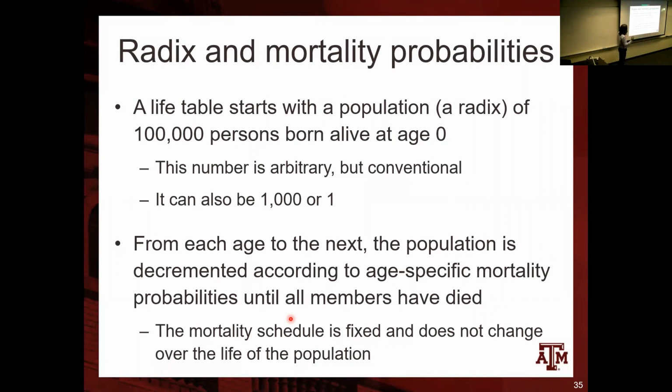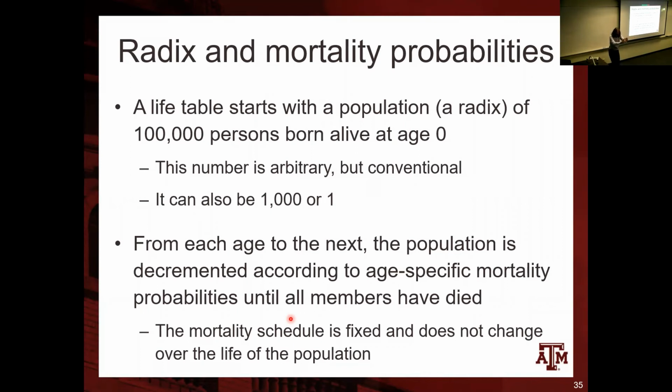And this hypothetical size of the population that will experience those mortality rates is called the radix of the life table. The radix can be 100,000, or 1,000, or 1.